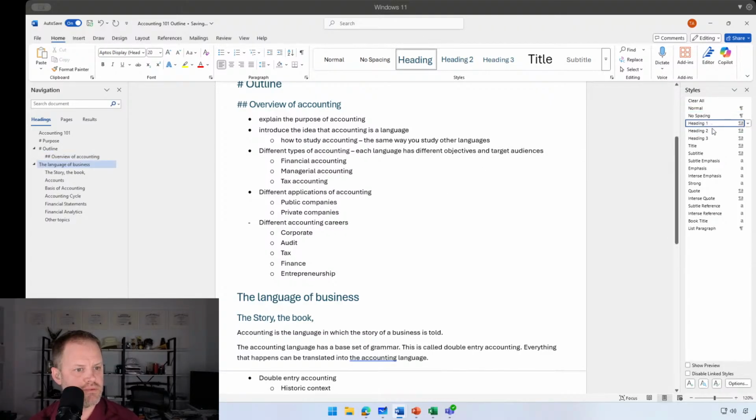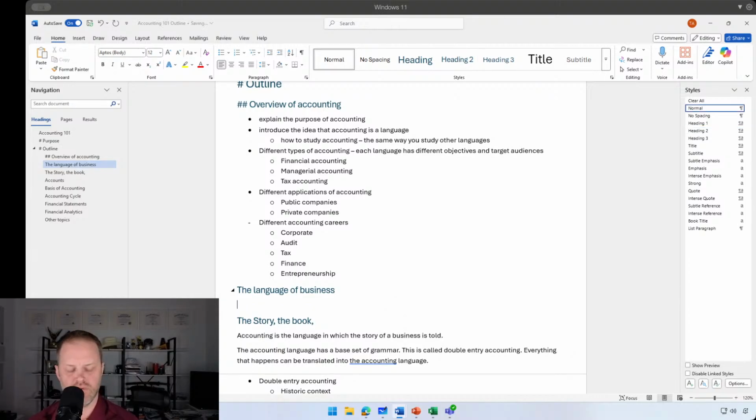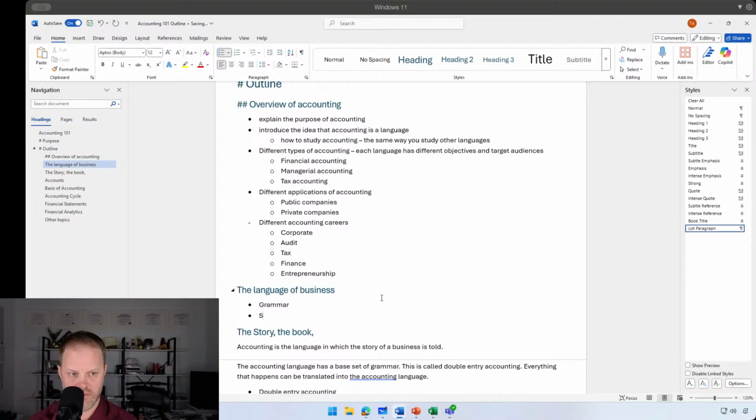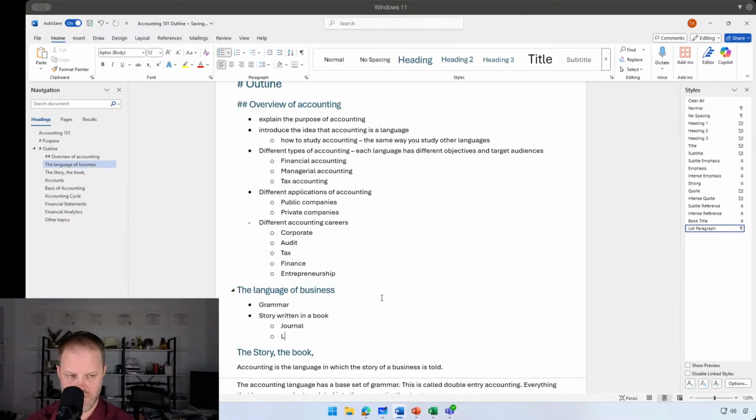So, kind of thinking it's explain this analogy that it's the language of business. So there's grammar. There's the story written in a book. There's a journal. There's a ledger.